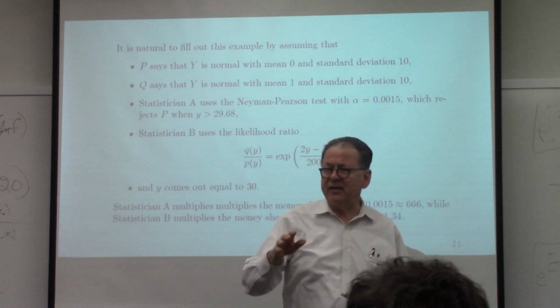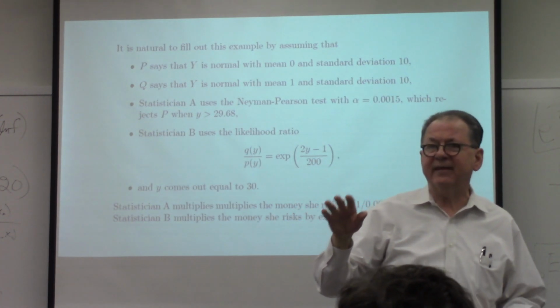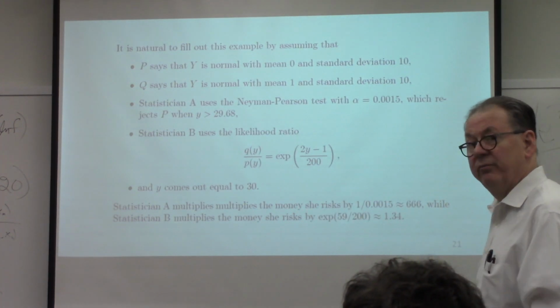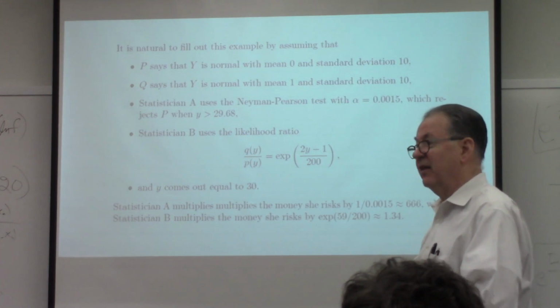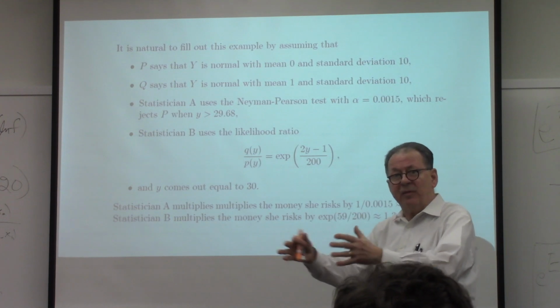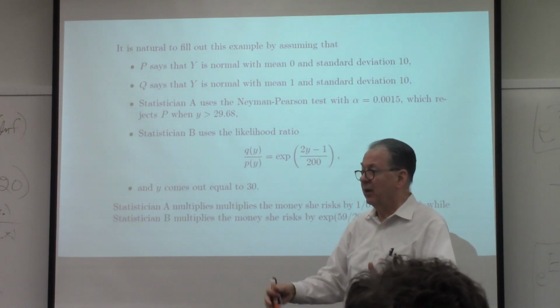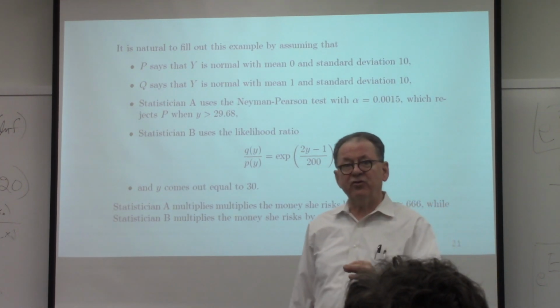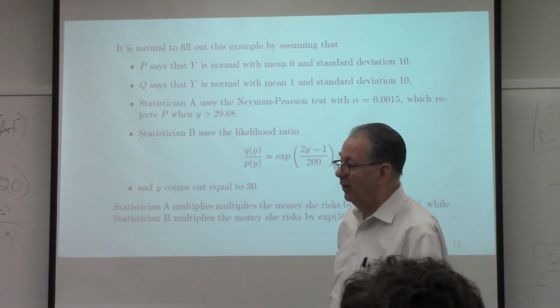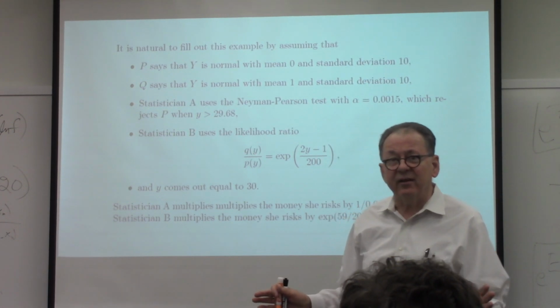Now, in Gelman's story, what does he mean that Q is the alternative? The question is whether something has an effect. The null hypothesis is the effect is 0. The standard deviation of 10 tells us about how hard it is to measure the effect. And Gelman's assertion is that 1 is the biggest effect you could possibly have. So you're not necessarily a Bayesian.